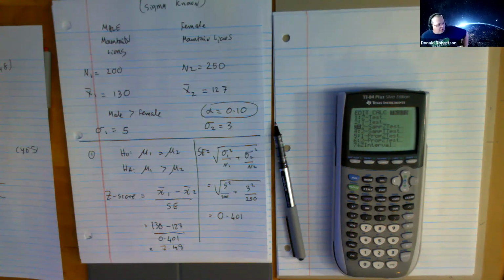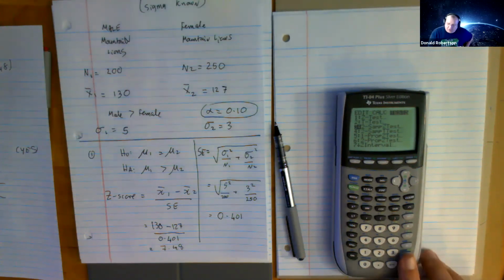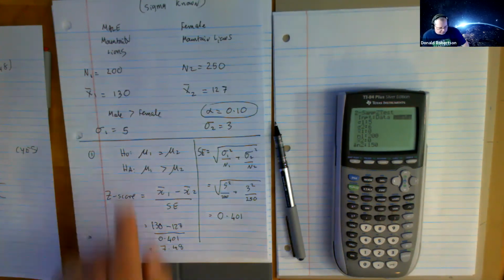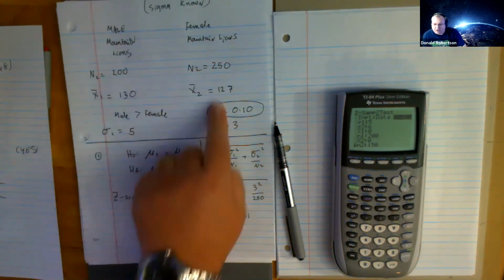And that'll get you out of all the weird ways in which they may phrase things to you, right? If you know the sigma, it's going to be Z, and if you don't know the sigma, it's going to be T. So let's kick this one in, and I'm going to use stats because in my data, that's exactly what I have.